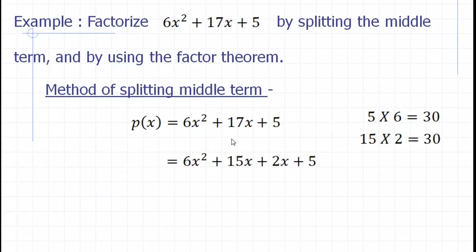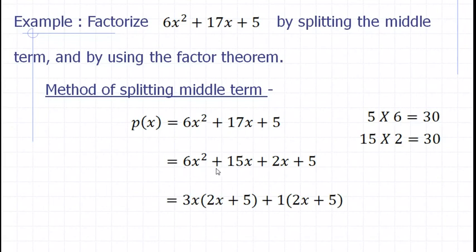Therefore, this middle term is split into two parts. 6x square was the first term, 17x we have written in two parts, plus 15x plus 2x, which equals 17x, and plus 5. Now these 3 terms have become 4 terms. Now we can make pairs of two and take the common factor.